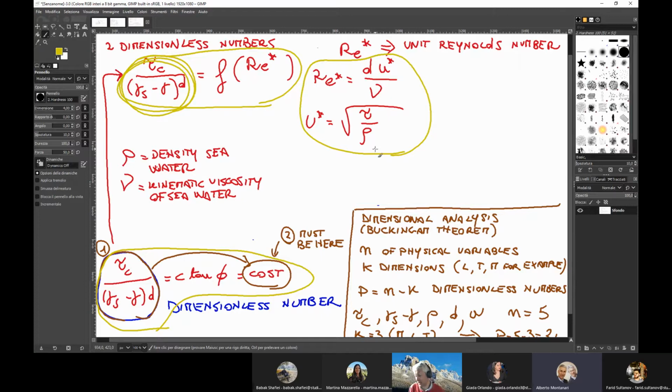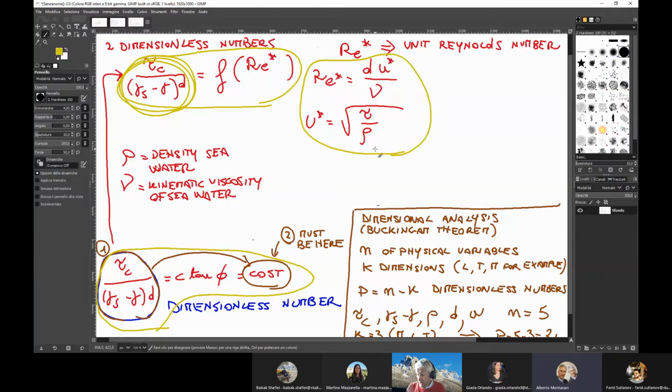So it's better if you know something about this number, the particle Reynolds number, and if you remember, of course, how it is computed, or at least what are the variables determining it: kinematic viscosity of water, shear stress, and mass density of water, that would be better. But of course, I understand that you cannot learn by memory everything.